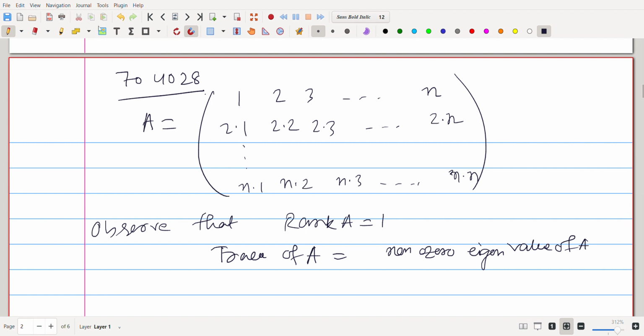But since the trace is non-zero, the trace of A is equal to the non-zero eigenvalue. Now what is the trace of A? The trace of A equals the summation of i squared, i equal to 1 to n, which is n times (n plus 1) times (2n plus 1) by 6. That means the only non-zero eigenvalue is this and all the other eigenvalues are 0. So option 4 is correct.